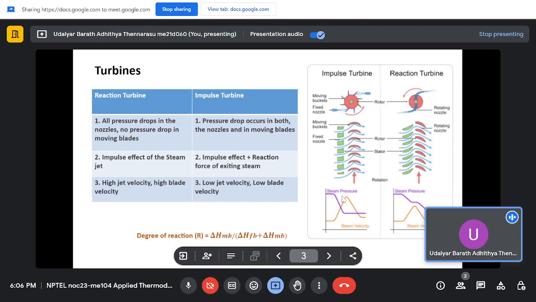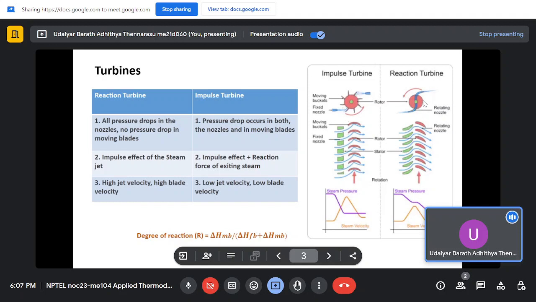So this steam at high velocity goes and hits the turbine blades, and the steam will be redirected. Because of this change in direction, an impulse is created. Hence the name impulse turbine. So this is the general phenomenon of how the impulse turbine works.